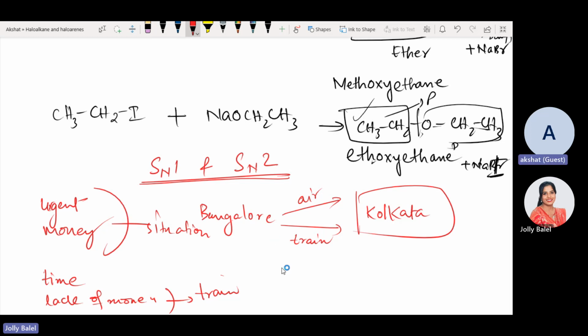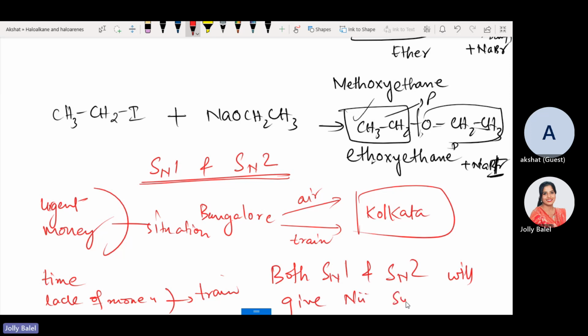Like that, both SN1 and SN2 will give you a substitution reaction.